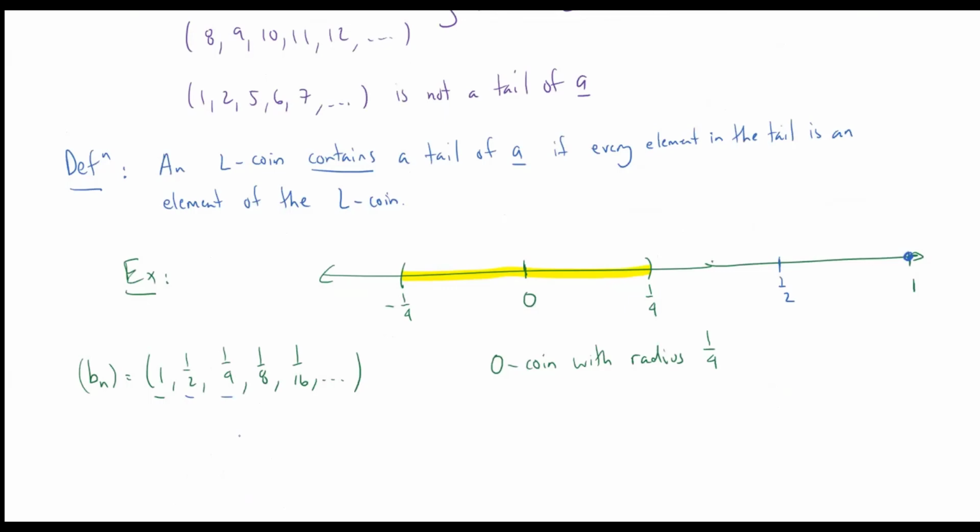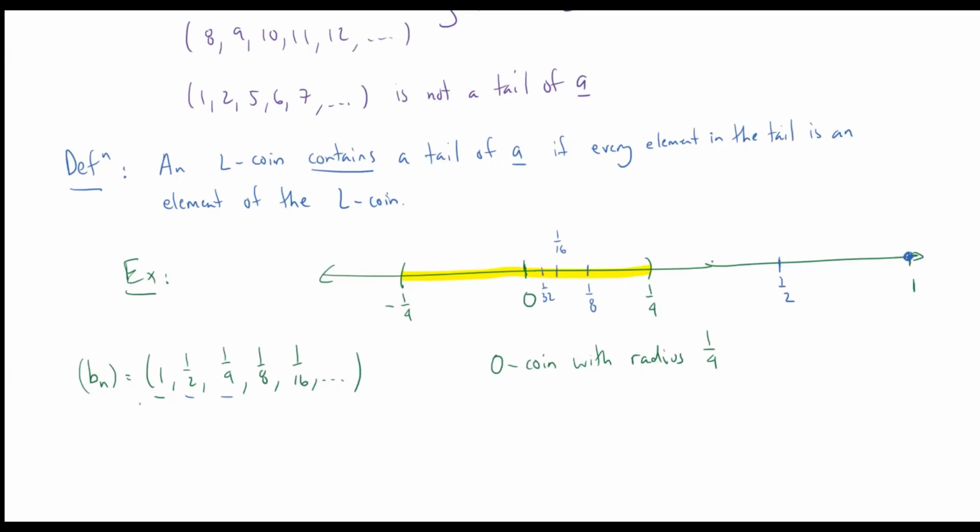But what about 1/8? Well, 1/8 is in the interval, and 1/16 is in the interval, and 1/32 is in the interval. So the entire sequence is not contained in this zero coin, but a tail of it is.